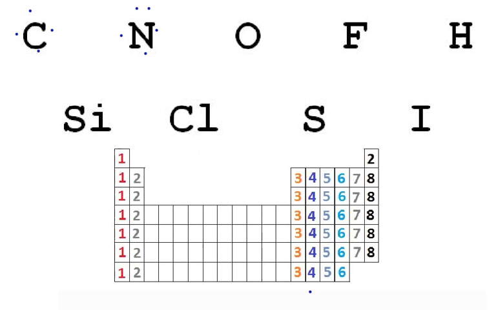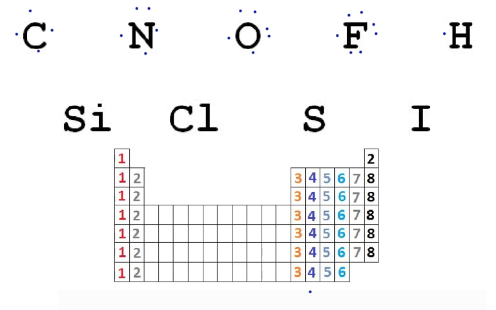Oxygen's in family 6, so 1, 2, 3, 4, 5, and 6. So we get 2 sides that have lone pairs and 2 sides that are just one-sided, one electron. Fluorine's in family 7, so 1, 2, 3, 4, 5, 6, and 7. Hydrogen, way over on the left, only has 1 valence electron, so that's easy.